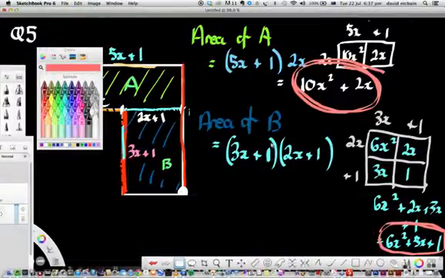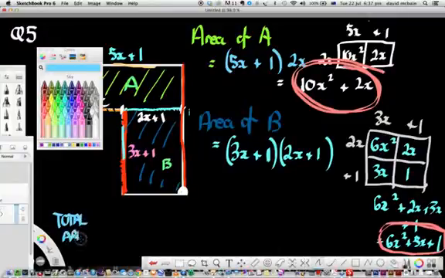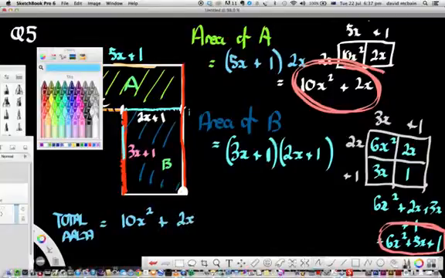So the total area of our shape is going to be the total area will equal area A plus area B, so it will equal 10x squared plus 2x plus 6x squared plus 5x plus 1.